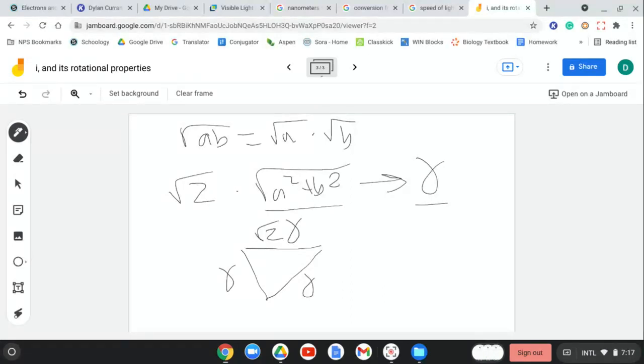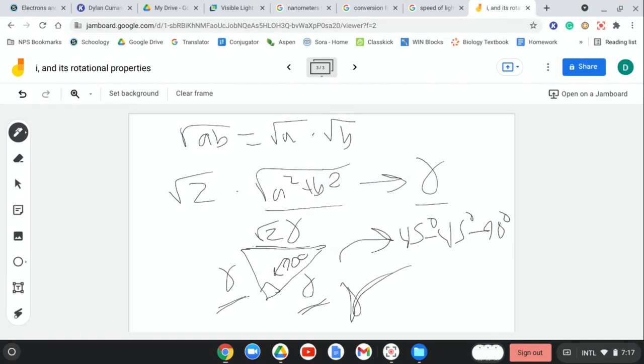And if you know anything about 45, 45, 90 triangles, this is actually a 45, 45, 90 triangle, where these two sides are equal and the other side is equal to root 2 times one of those sides. So we can conclude that this is a 45, 45, 90 degree triangle. And this angle right here has to be 90 degrees. So that's another way that you can prove that that angle is 90 degrees. The angle bound by rotation is 90 degrees.